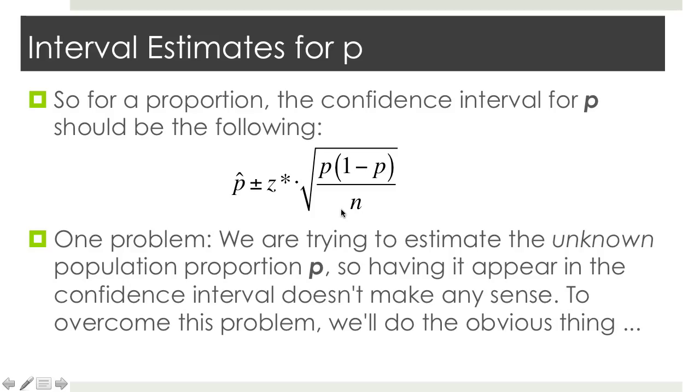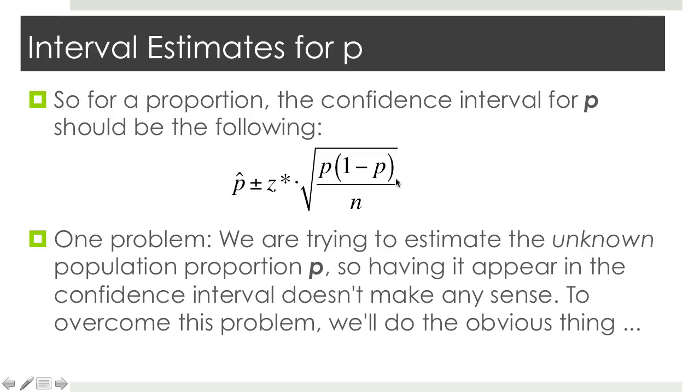But there's a problem here. What we're trying to do is estimate the unknown population proportion P. That's the whole point of this process. So having it appear in the expression for the standard deviation is a bit problematic.